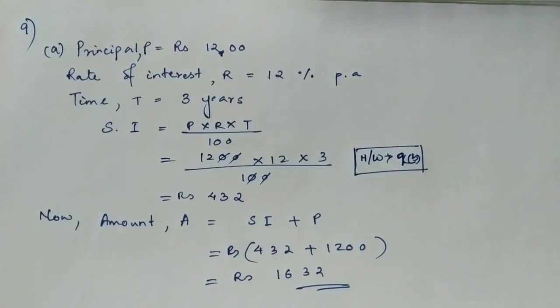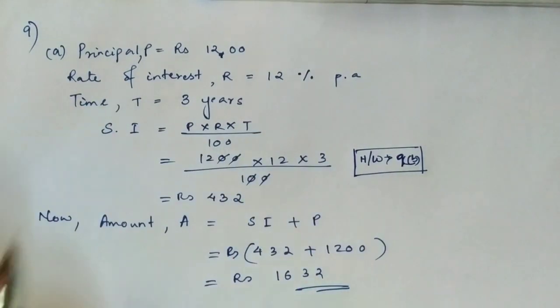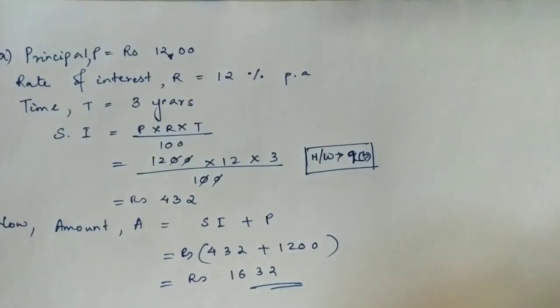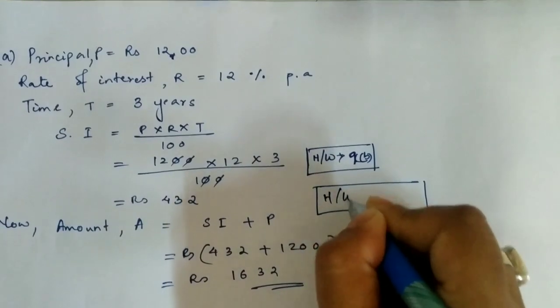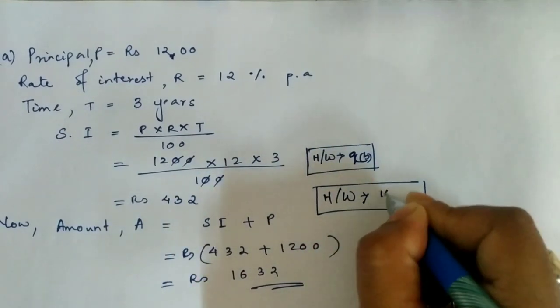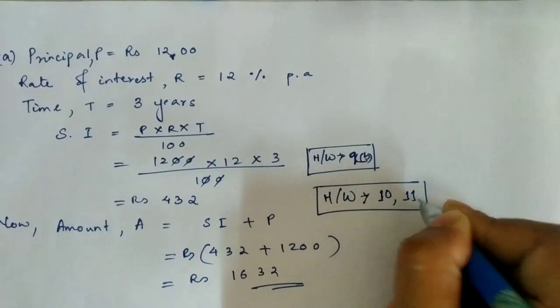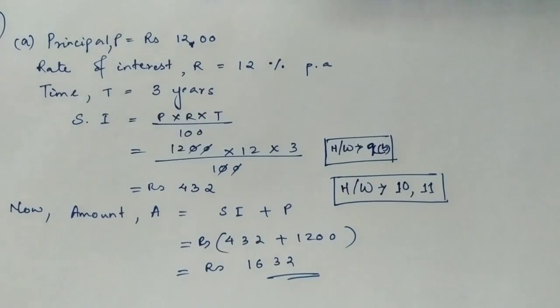In a similar way, question number 10 and 11 are given where you have to use this formula and find out. So I would like you all to try these two also as your homework. If you are not able to, I will obviously make a video and do the sums for you. But for the time being, I would like you all to try these sums as your homework.